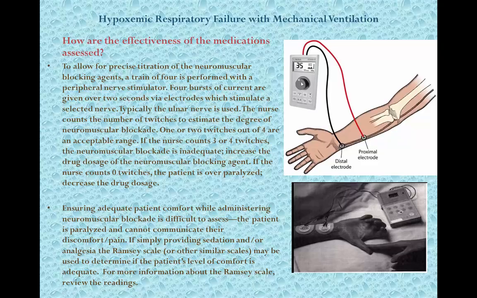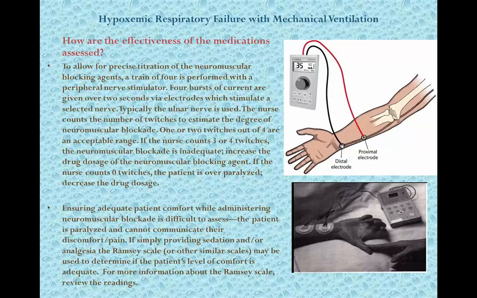Then you ask this machine to deliver 4 electrical impulses. It's a very, very low level of electricity, but you're going to deliver these 4 bursts of electricity, and you should see the nerve twitch.